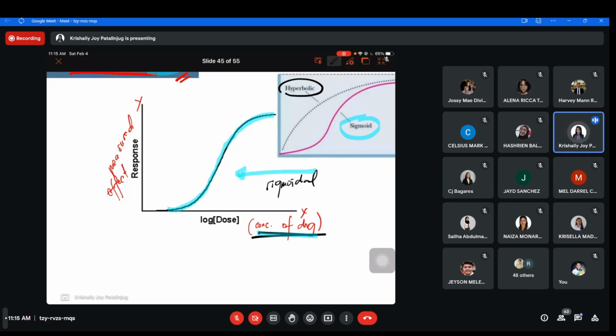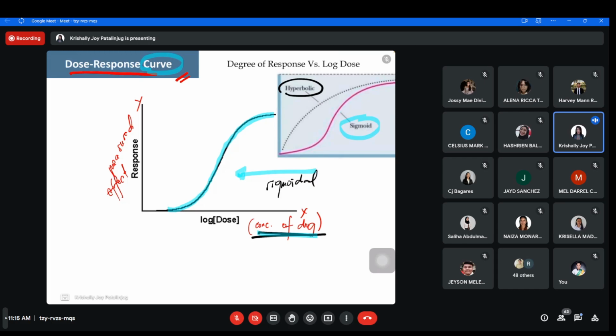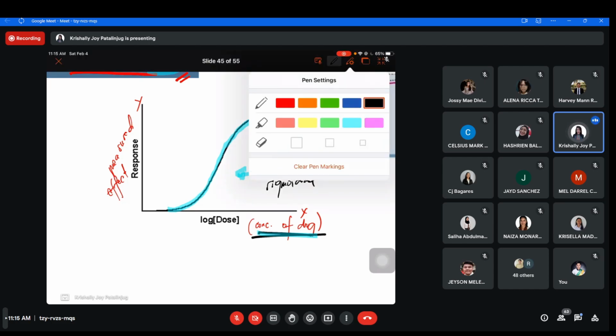Okay? So yung mga parameters mamaya, I will be mentioning that later on when we discuss each of the examples ng dose-response curve. So basically, there are two primary types of dose-response curve. One is the graded dose-response curve.